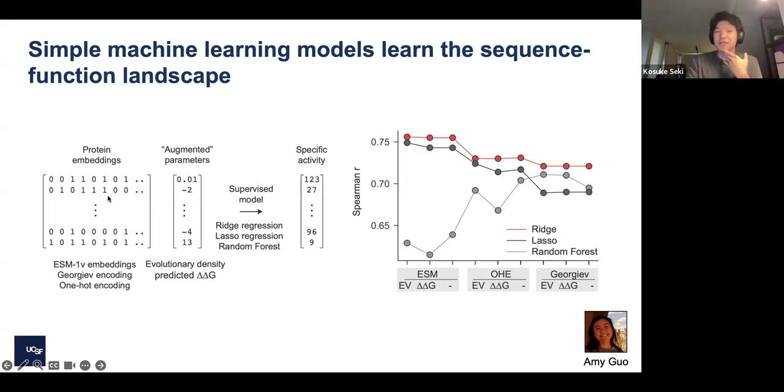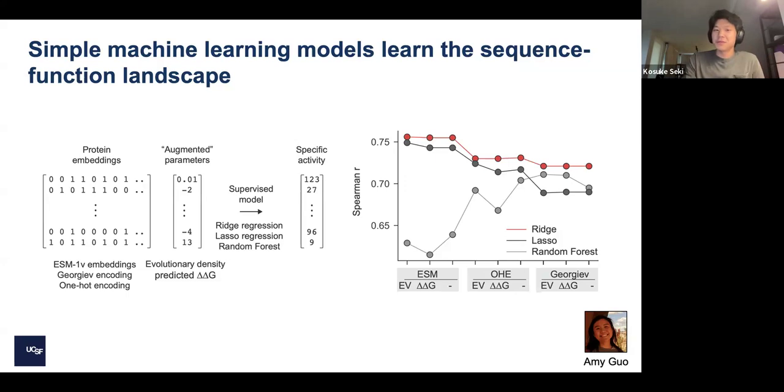You can augment the embeddings with evolutionary density or predicted delta G, but if you compare those to having no augmentation, these machine learning models typically perform just as well. And so what we concluded is that these ESM embeddings do really well on this task of learning the sequence-function relationship.